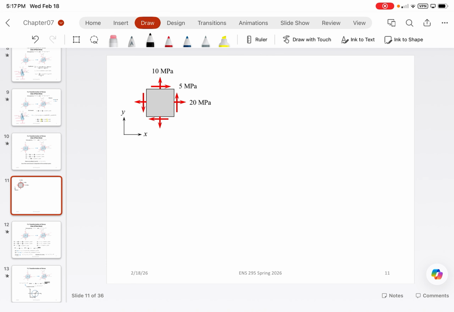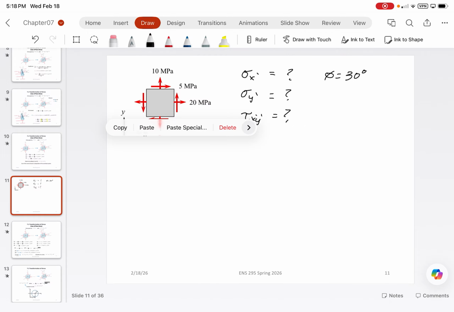This could be some pressure vessel. It could be a sign. It could be the sign problem that I gave you guys. It could be anything. And when you analyze it at a very small level, you might come up with these stresses. So let's say I wanted to find sigma x prime, sigma y prime, and tau x prime y prime when, I don't know, let's say we transformed this by a rotation of 30 degrees.